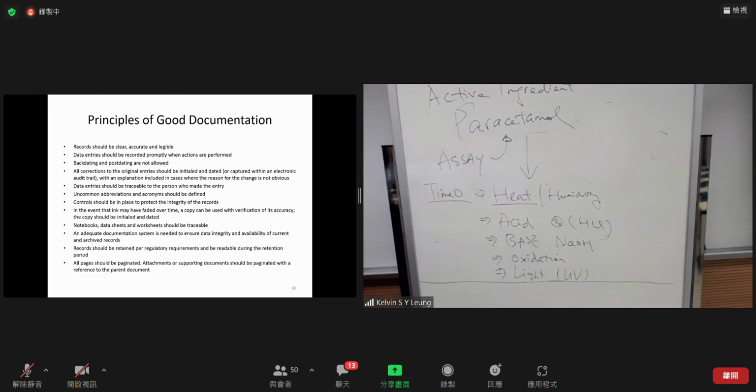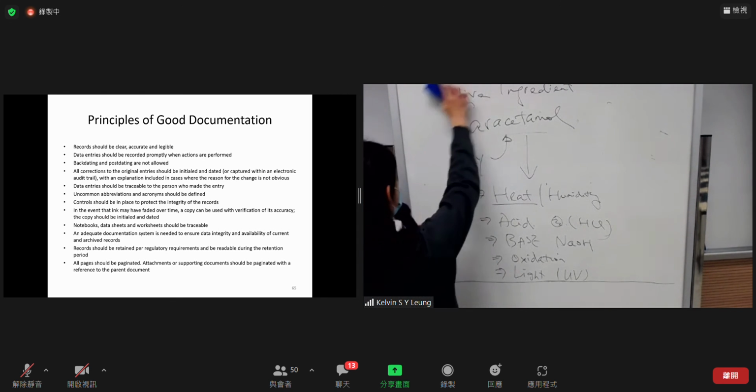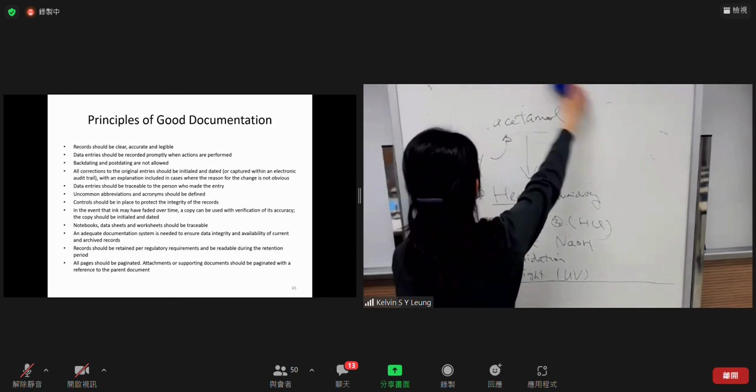Let's say when you use a particular instrument, you have the user logbook. If I use the HPLC in the morning today, 24th of February, I need to record down in the logbook when I use the instrument.